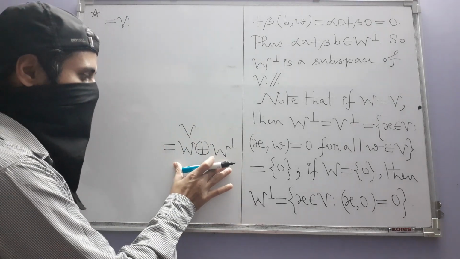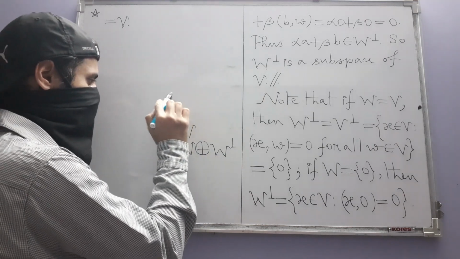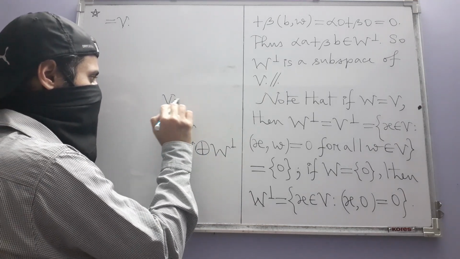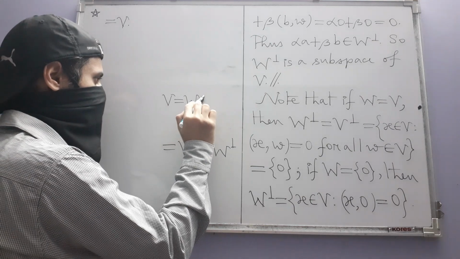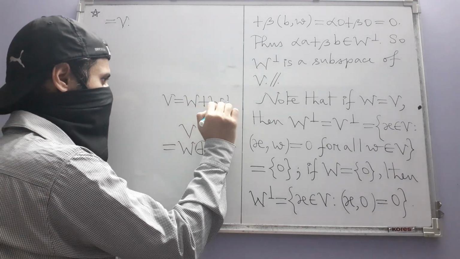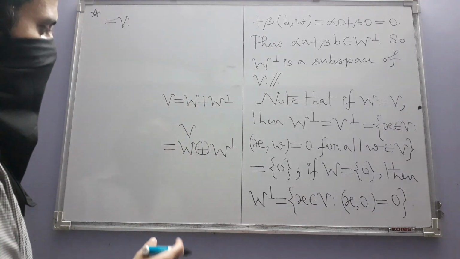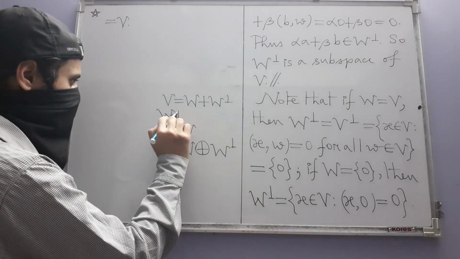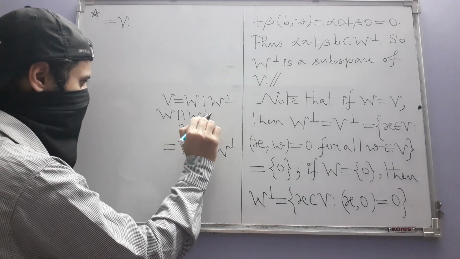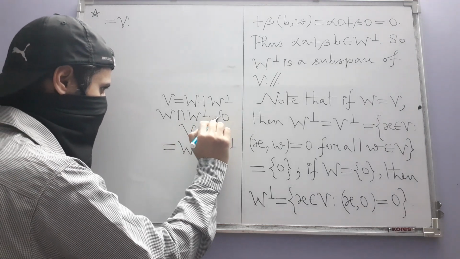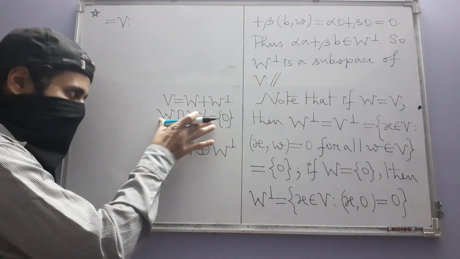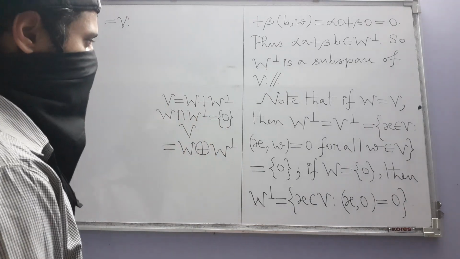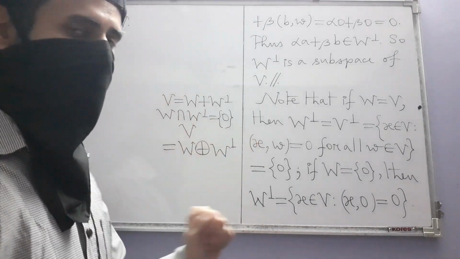One part of this is of course proving that V is their sum. And the other part involves showing this. Now this one we can show right now, but for this one we will have to wait.